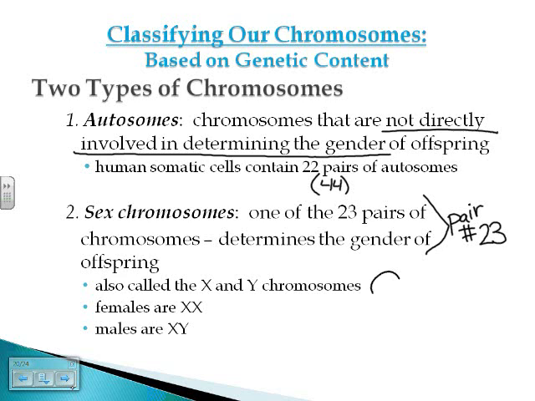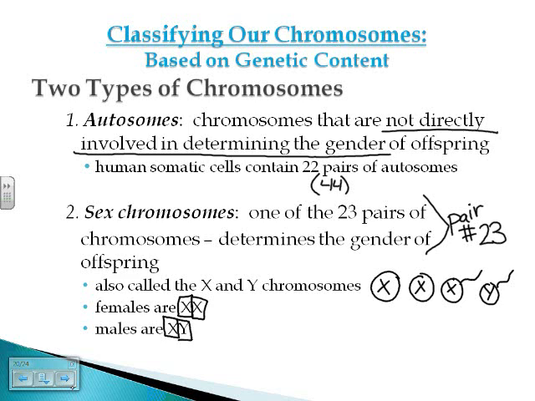When it comes to mom's eggs, mom's egg cell can have an X, or mom's egg cell can have an X. However, dad's sperm cell can have an X, or his sperm cell can have a Y. So the chromosome for maleness is actually passed on from fathers. Fathers' sperm cells are what determine gender. It's not something that's controlled, guys.